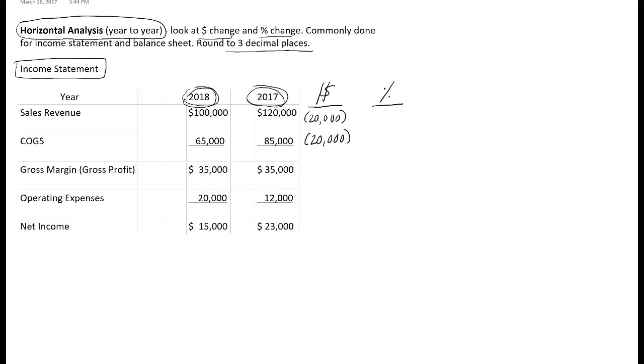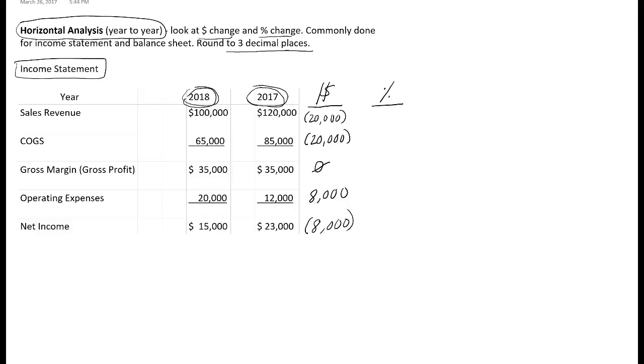Our gross margin actually has not changed, so we have a $0 change. Our operating expenses, 20,000 minus 12,000, that means they've increased by 8,000. And then our net income, 15,000 minus 23,000, our net income has actually decreased by 8,000.